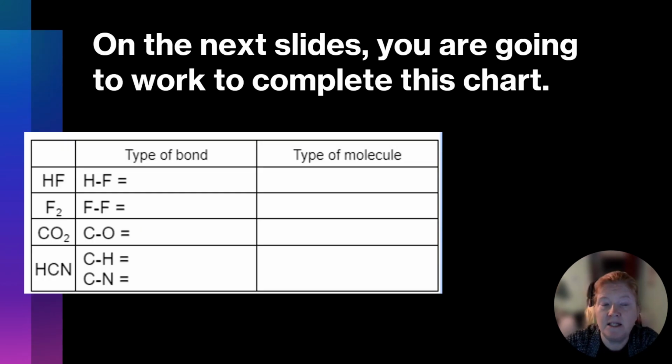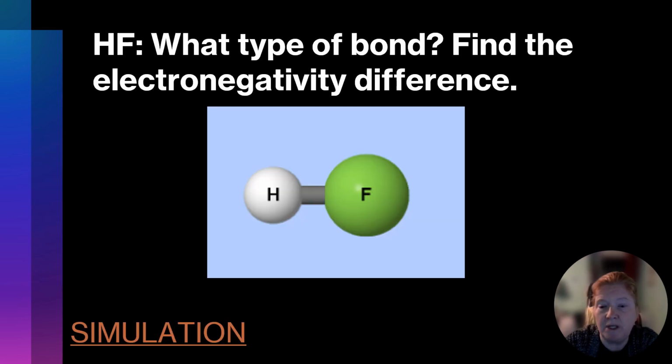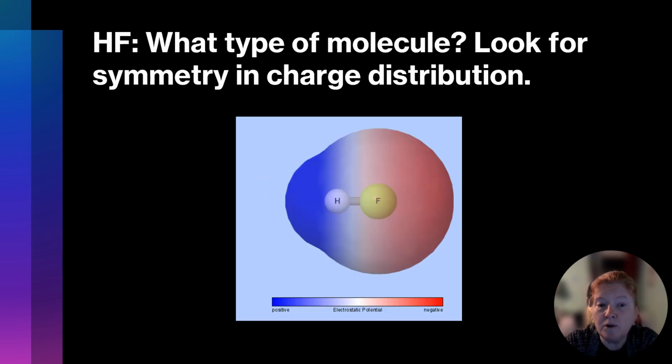On the next slides, you're going to work to complete this chart. I'm going to show you some models. So here's HF. What kind of bond do you think it is? Find the electronegativity difference. Record it in your chart. Here's what it looks like in terms of charge distribution. Look for symmetry. What kind of molecule do you think this is?